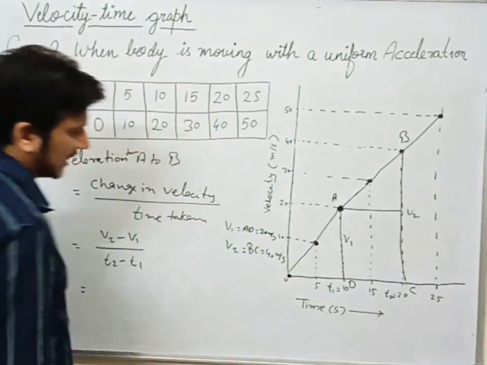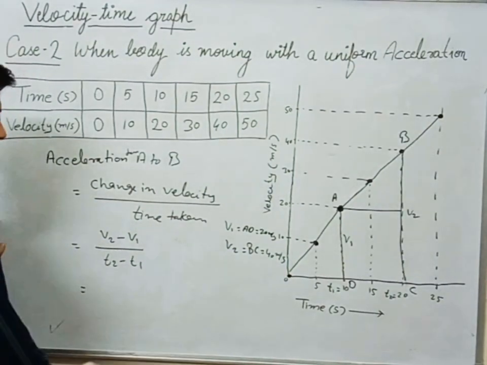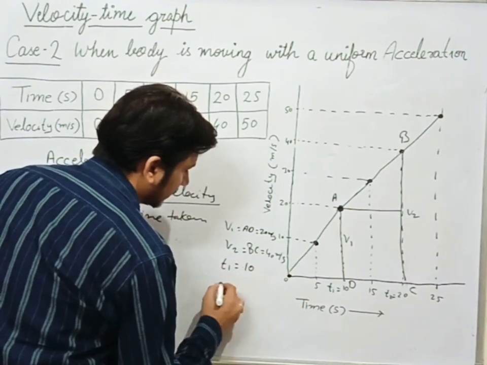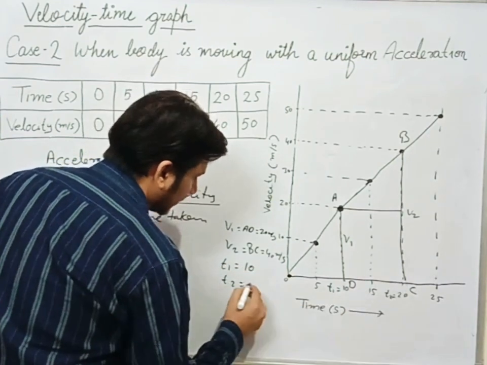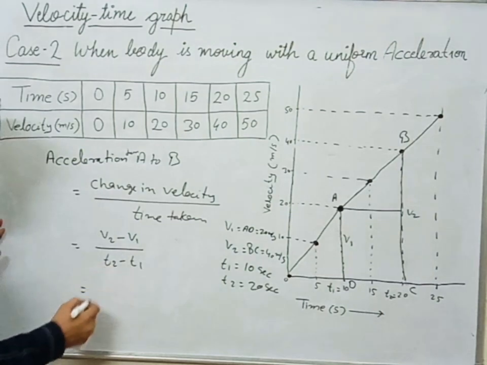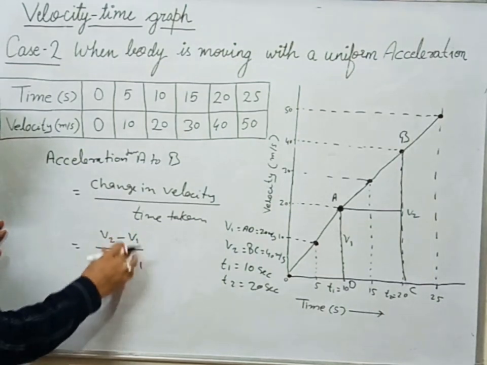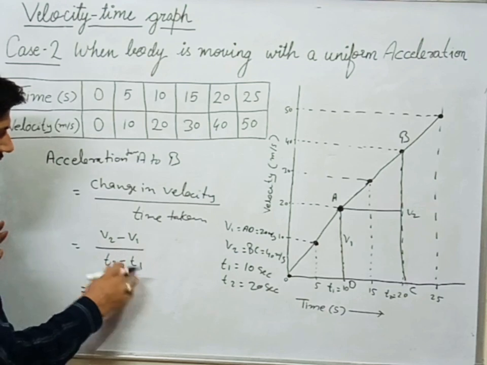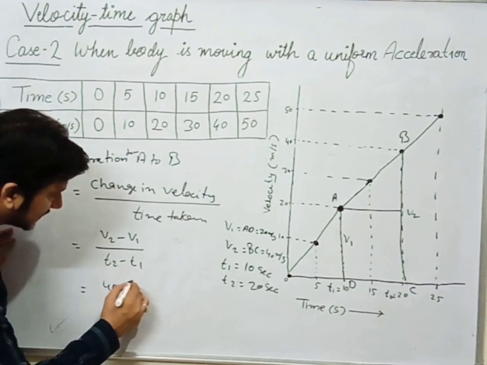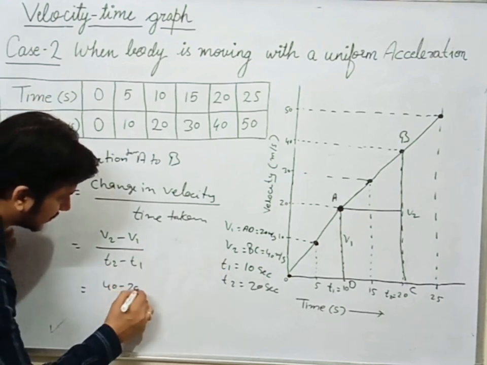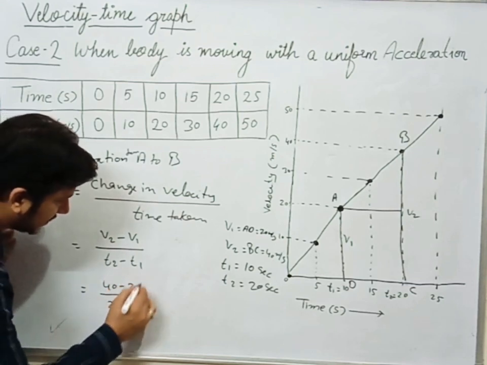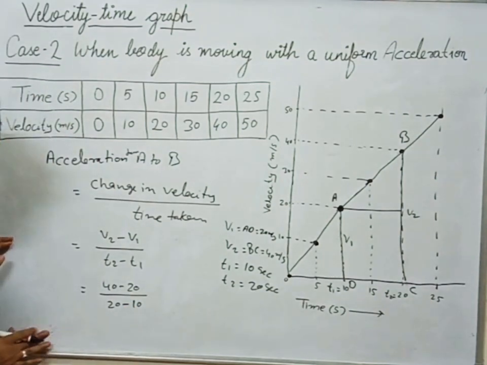T1 is 10 seconds and T2 is 20 seconds. Now we put in all these values: V2 is 40 meters per second, V1 is 20, T2 is 20 seconds and T1 is 10 seconds.